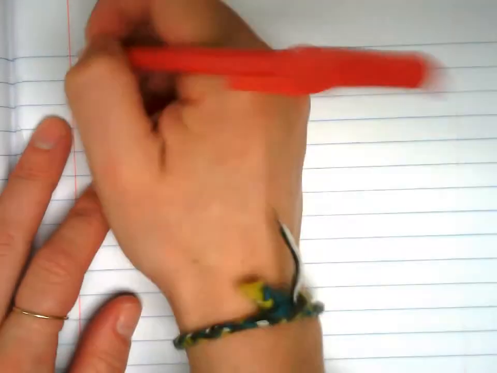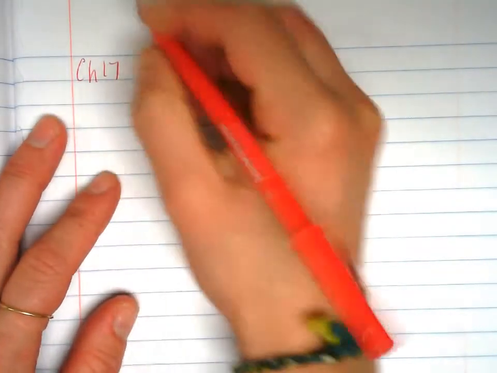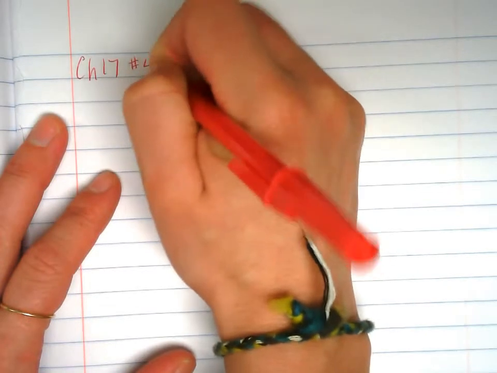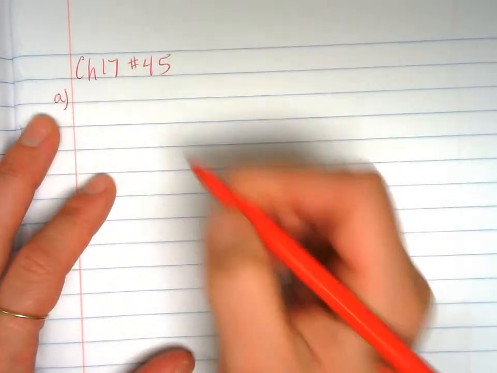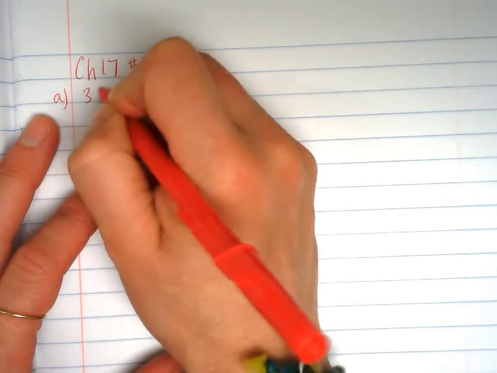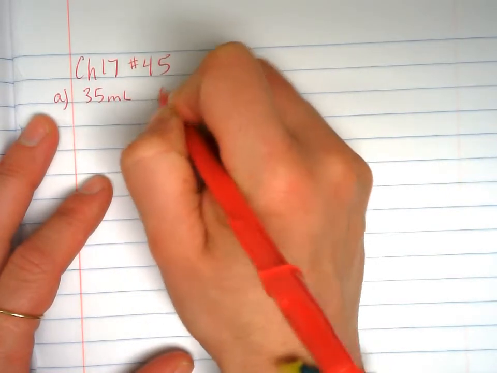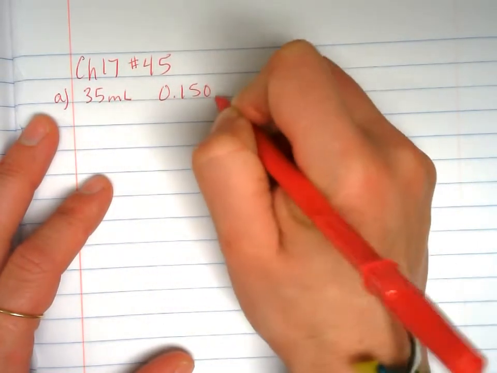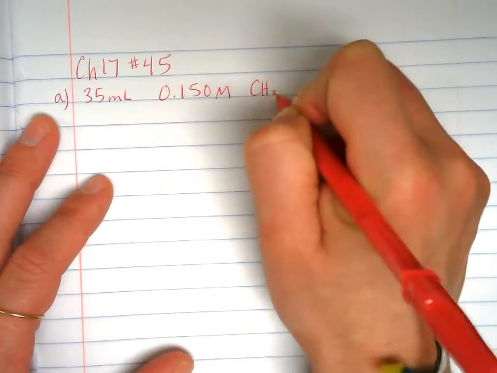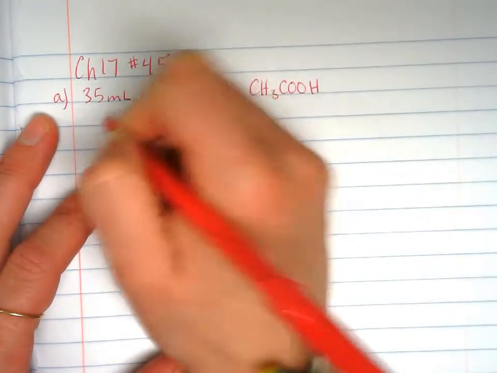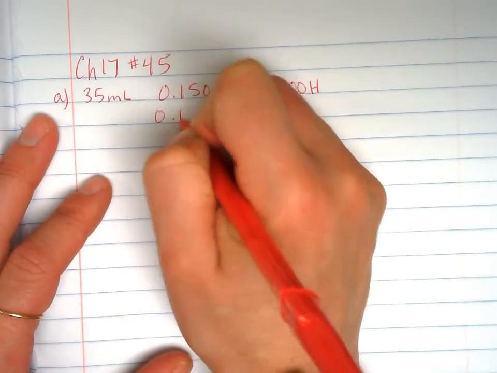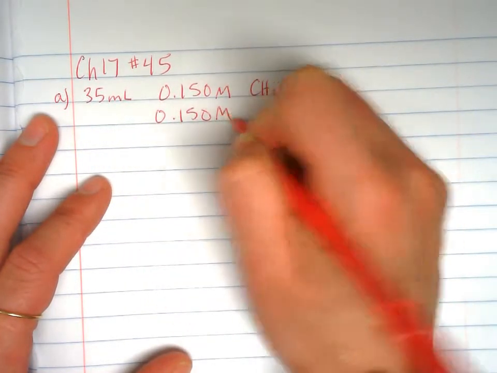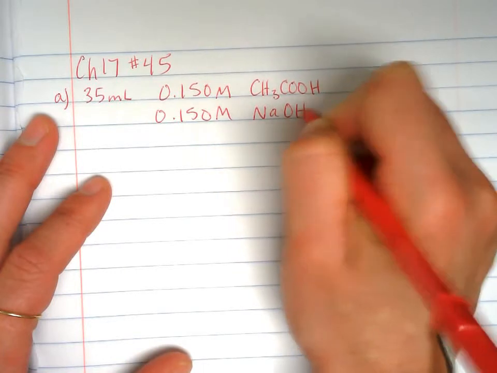So starting out with this problem, the first thing I always do is write out everything that I have. So chapter 17, number 45, A. For A, I have 35 milliliters of 0.150 molar CH3COOH and 0.150 molar NaOH.